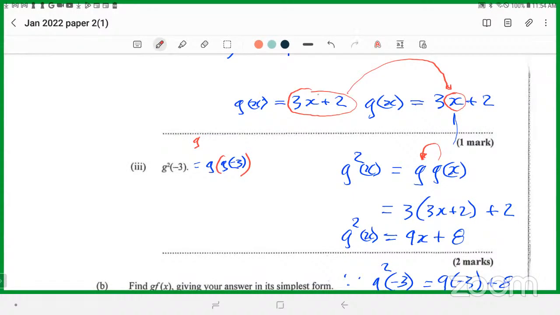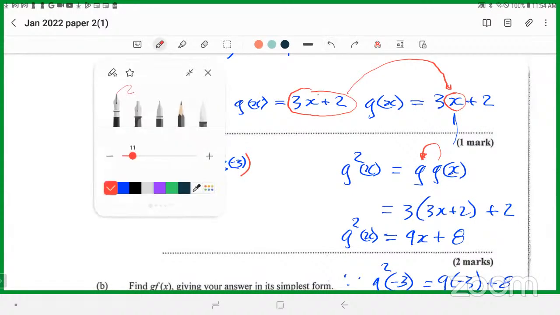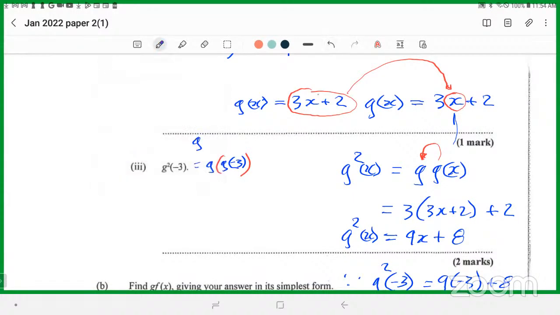And write back another g for you right here, g of x. g of x is 3x plus 2. So this would mean that I put the minus 3 inside here for the x.